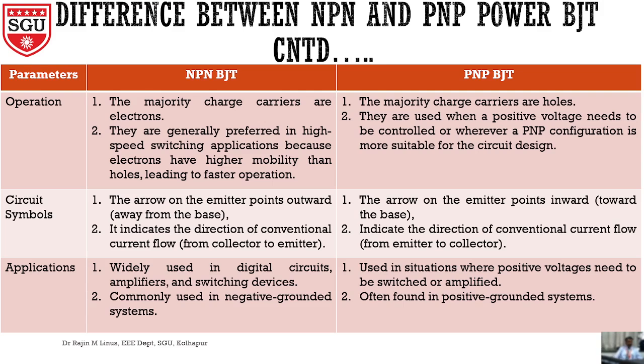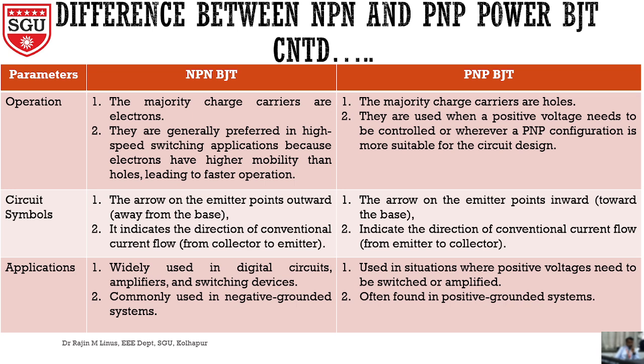In the NPN transistor, the arrow mark on the emitter points outwards, away from the base. At the same time, in the PNP transistor, the arrow mark is towards the base.